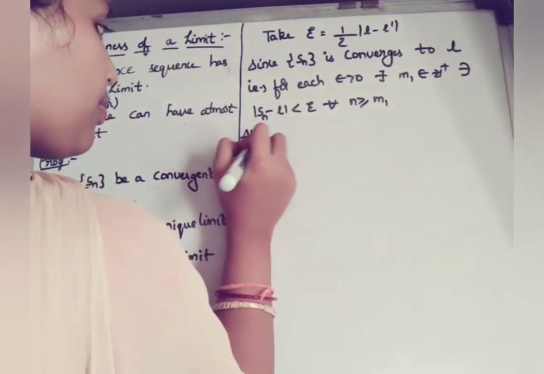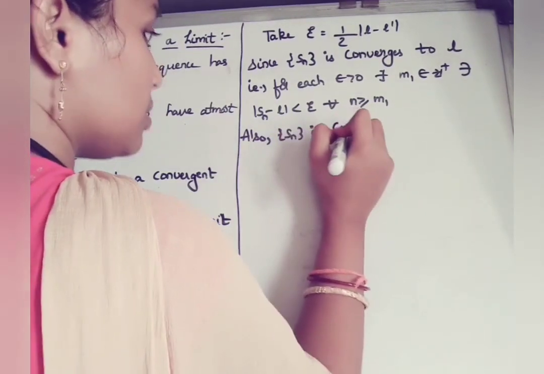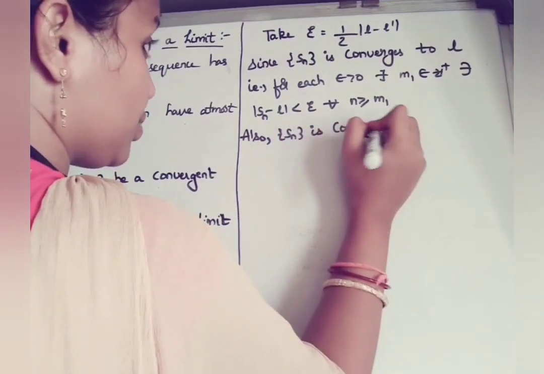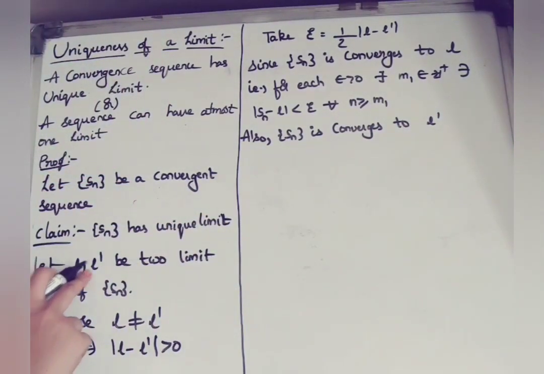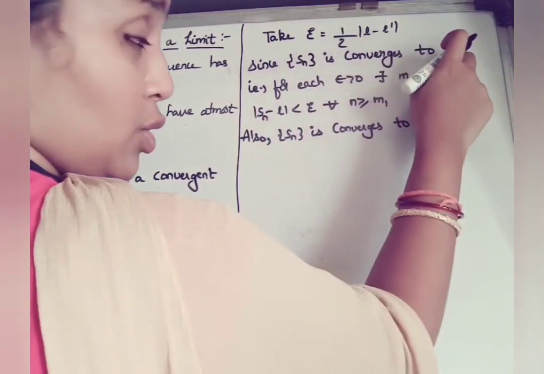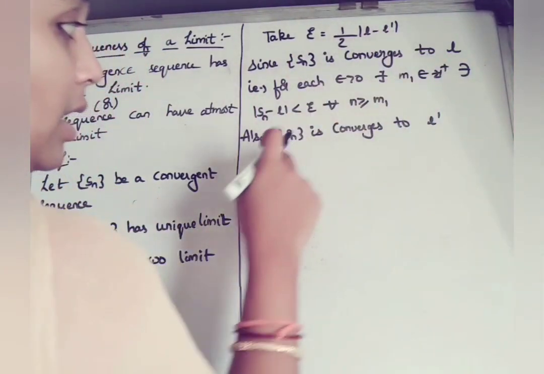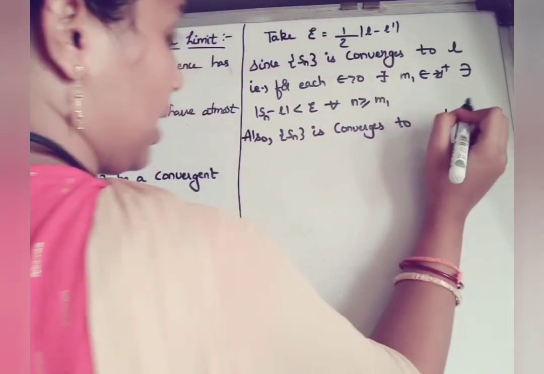Also, the sequence Sn converges to L dash. We have two limit points, right? First, sequence Sn converges to one limit point, that is L. Next, sequence Sn converges to another limit point, L dash.